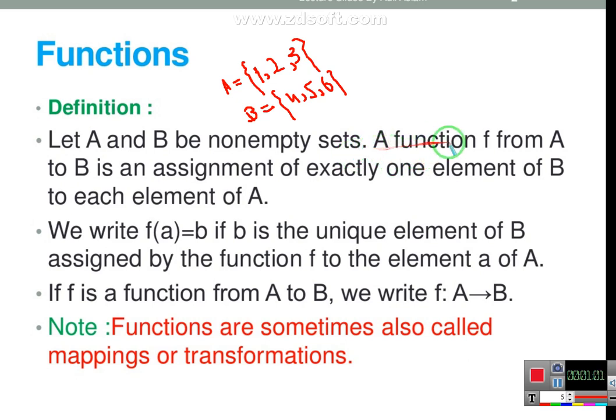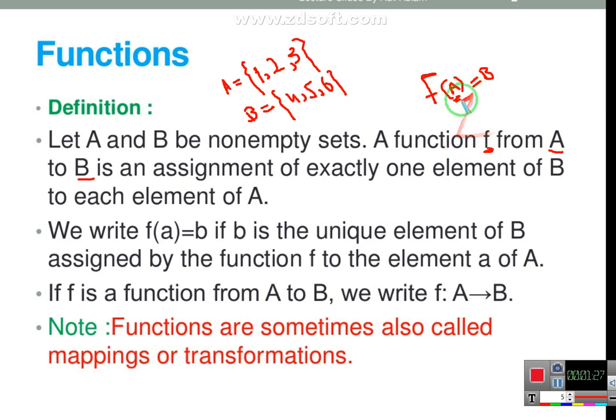So a function f from A to B. A function f from A means you are putting in the values of A, which will give you the values of B. B can be 1, 2, 3, 4, 5, 6, and so on.